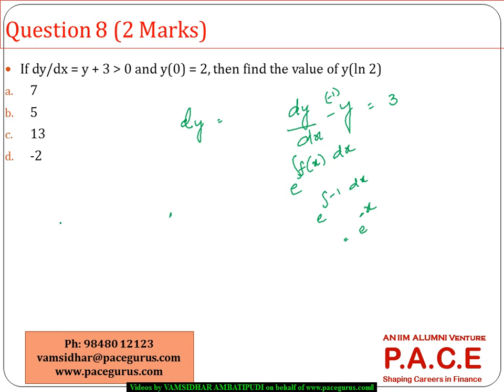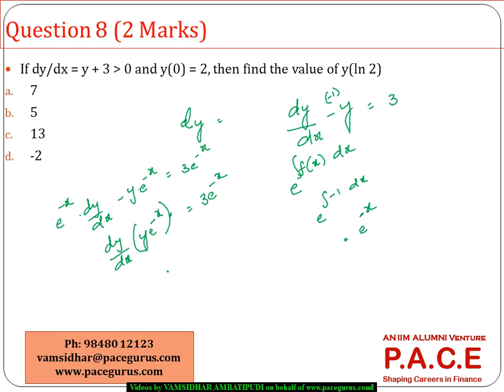So I'll do the multiplication as e power minus x dy by dx minus y into e power minus x equal to 3 into e power minus x. And the left hand side always is of the form d by dx of y into e power minus x.